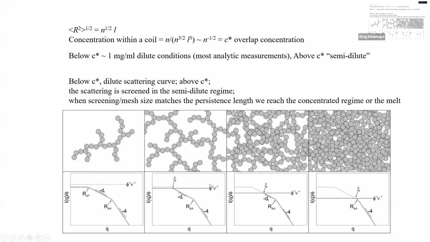If you can measure this intercept in a concentration series, you get the osmotic pressure, which is the first derivative of the free energy. If you do a virial expansion of the free energy, you directly get the second virial coefficient from that.